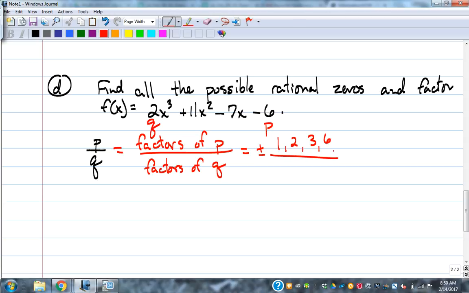The factors of Q, 1 and 2, right? I put the plus or minus in there because negative numbers are factors as well. What numbers go into 6? That's what factor means. It means a number that will go into a number.